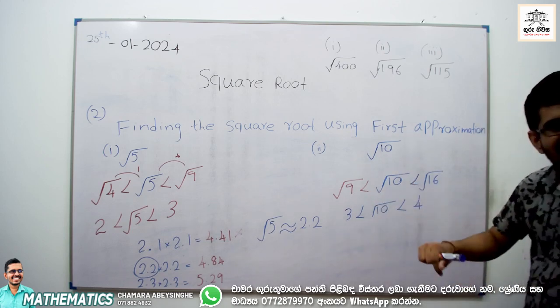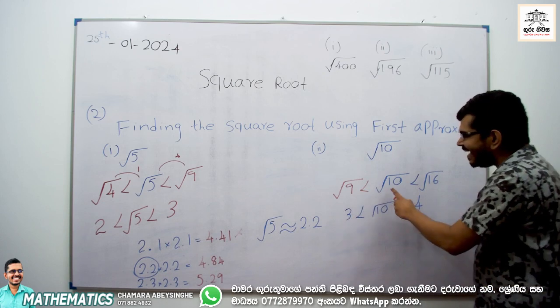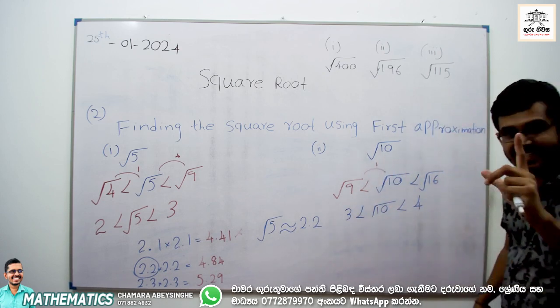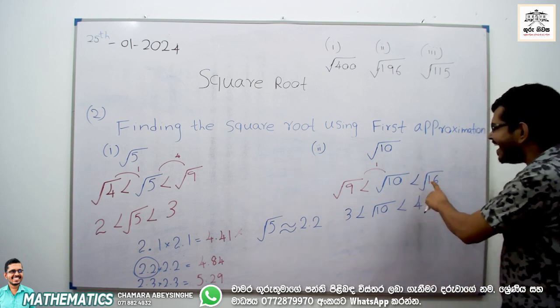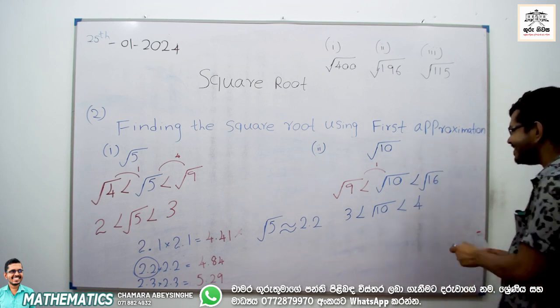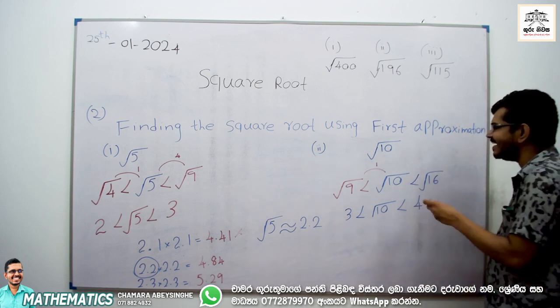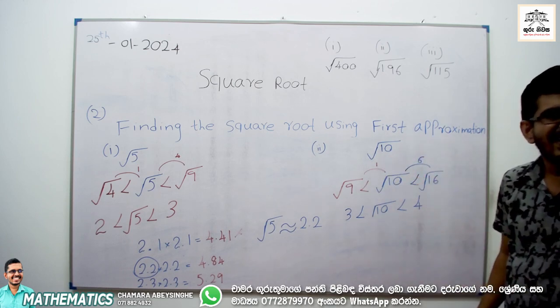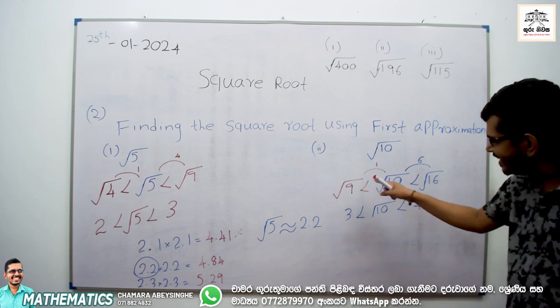Get the difference with 9: 10 subtract 9, 1 is the difference. With 16, the difference is 16 subtract 10, which is 6. The very small difference is between 10 and 9.